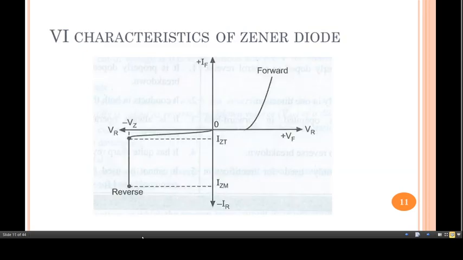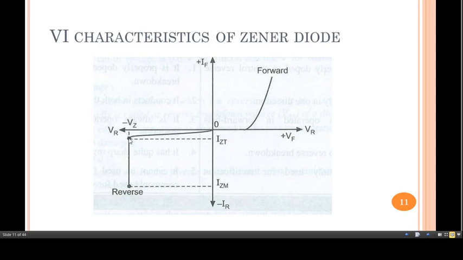Now we will see the VI characteristics of Zener diode. In forward biased mode, this is the characteristics, and in reverse biased mode, this is the characteristics. In forward biased mode, the characteristics of Zener diode is similar to our normal PN junction diode, but in the reverse bias condition, the breakdown voltage of Zener is very less compared with the normal PN junction diode.